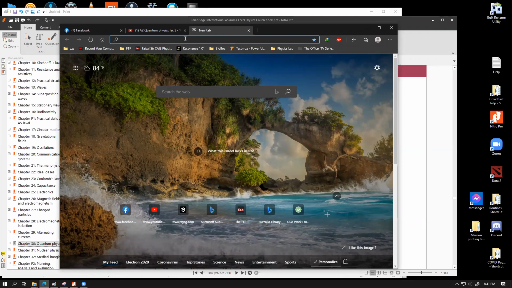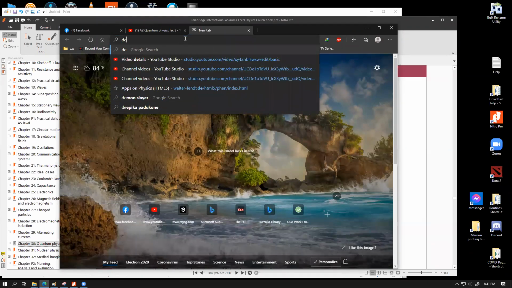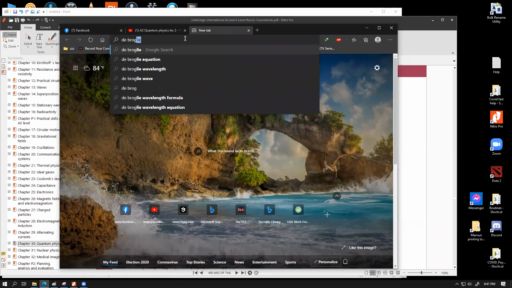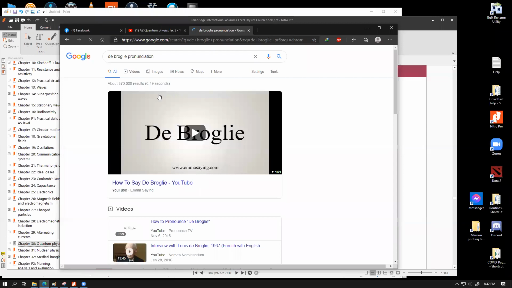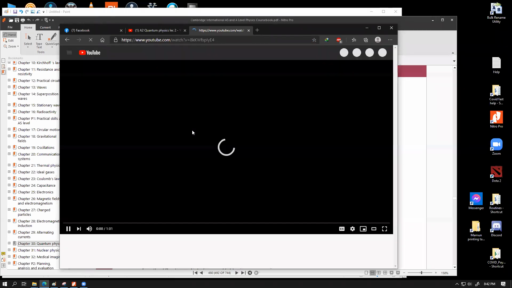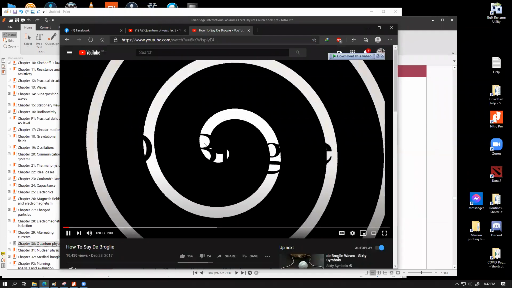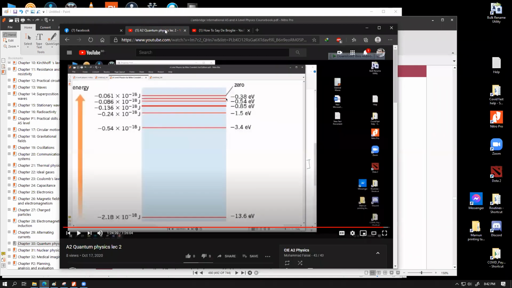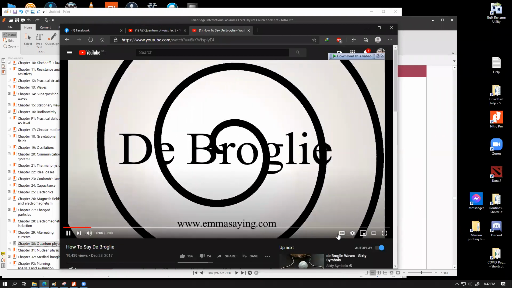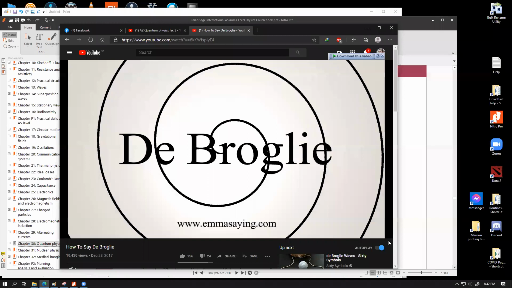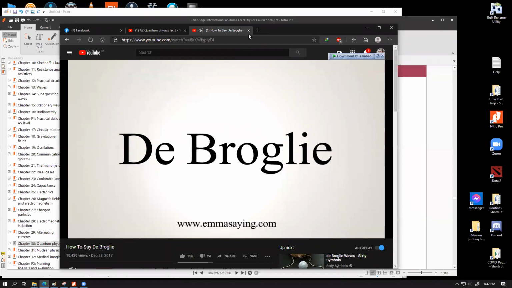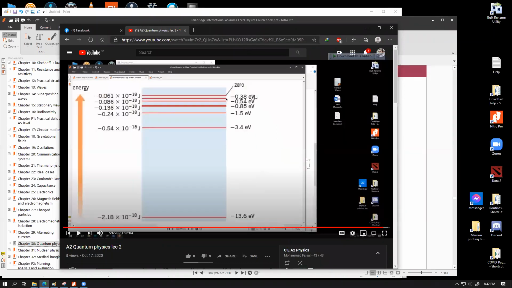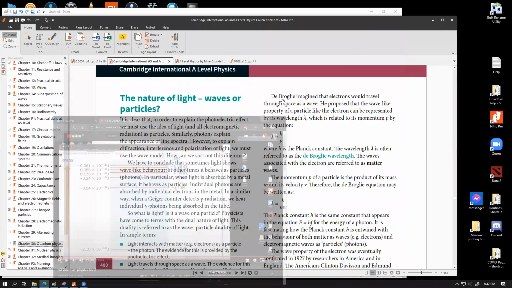I think the G is not pronounced. De Broglie, okay. All right, so this is the de Broglie equation, but it's spelled like this.